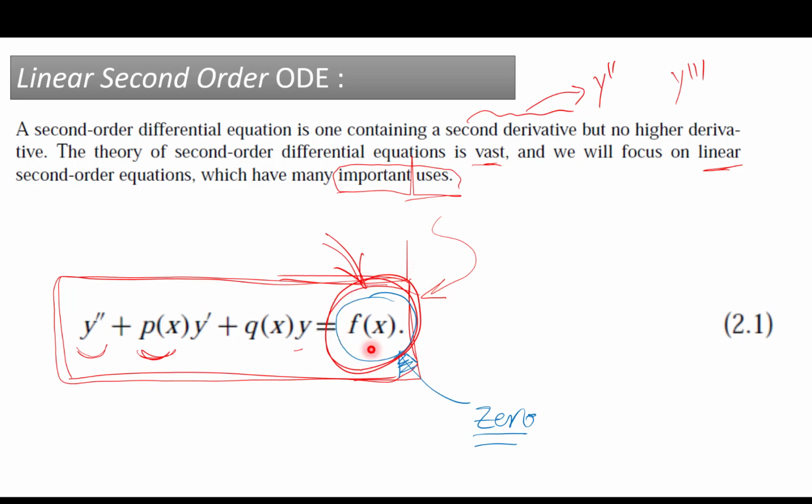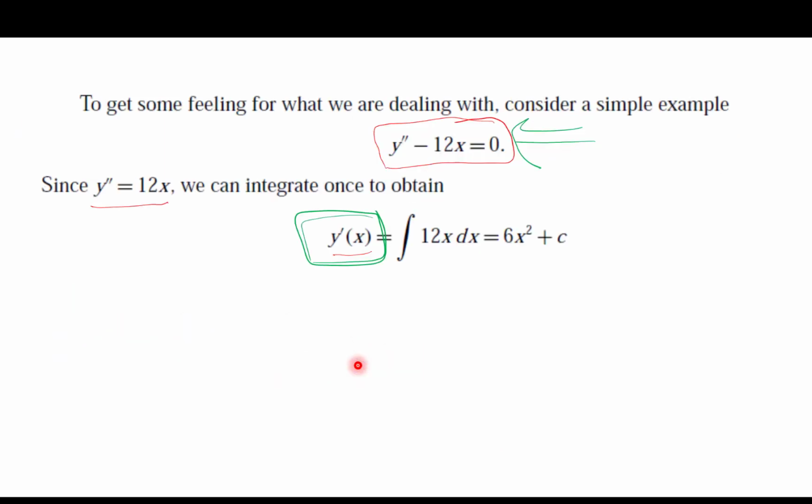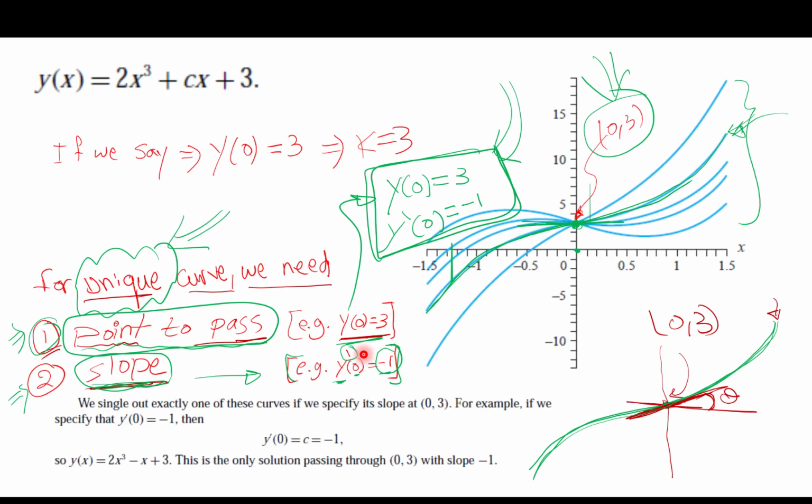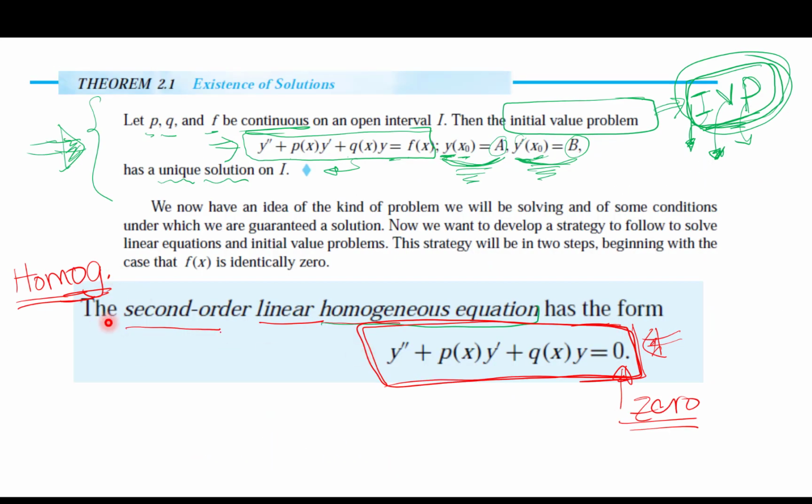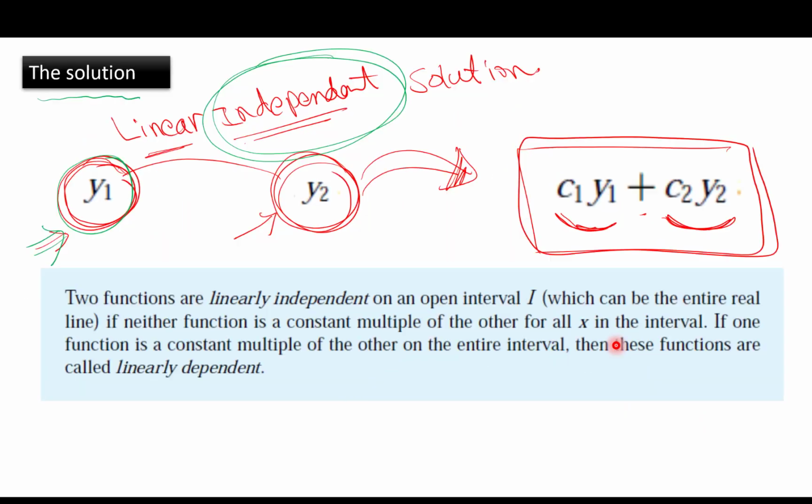Maybe f of x equal to 0, in which case our equation would be called a homogeneous differential equation, or f of x is really a function of x, in which case it will be a non-homogeneous equation. We started with the non-homogeneous equation, where the right-hand side is going to be 0.